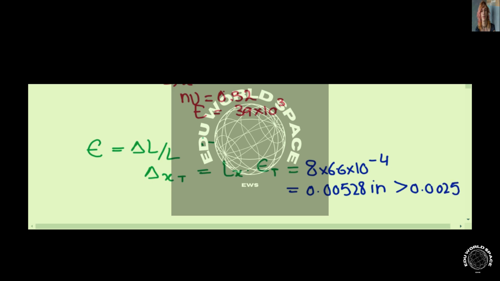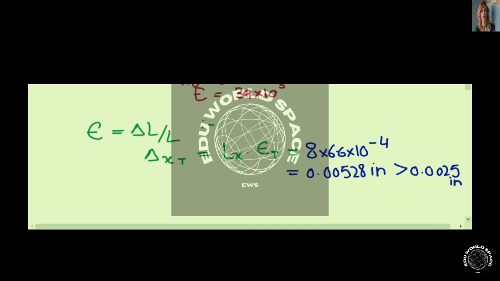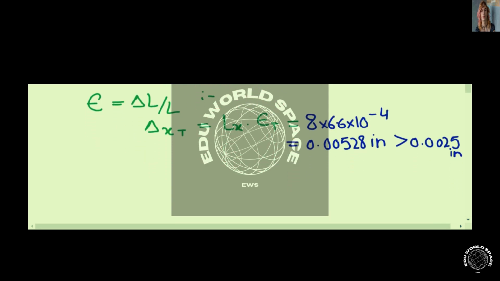0.0025 inches, right? Now, next, what we need to do is that we need to calculate del sub yt, right? So that is equal to L sub y into the strain caused by the temperature, right? Again, we have the values for both of these variables, right?